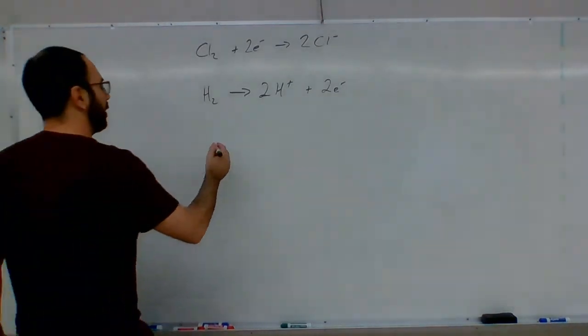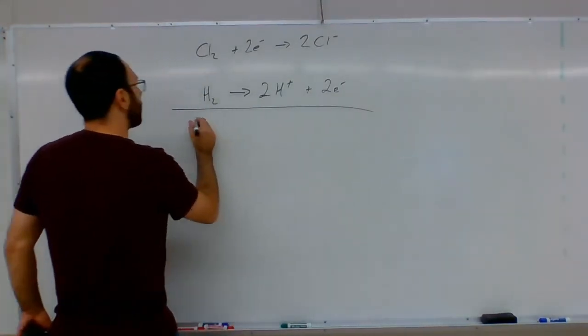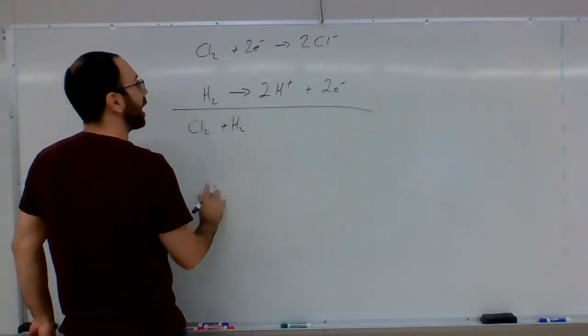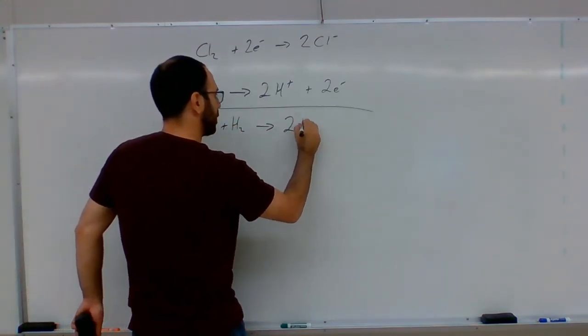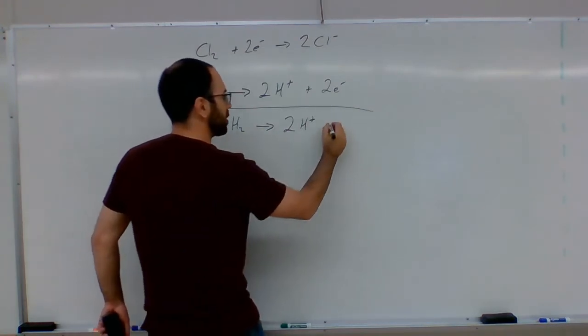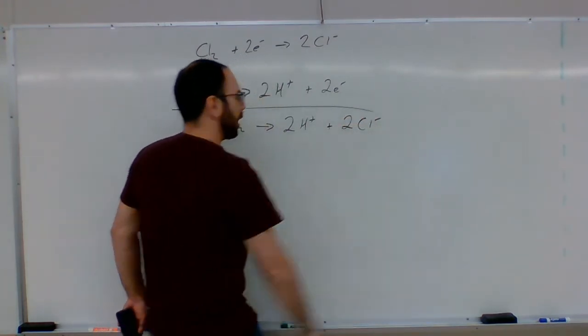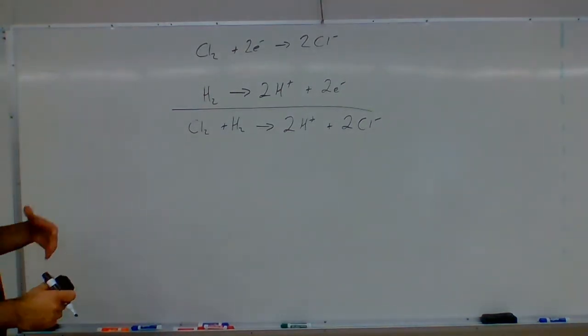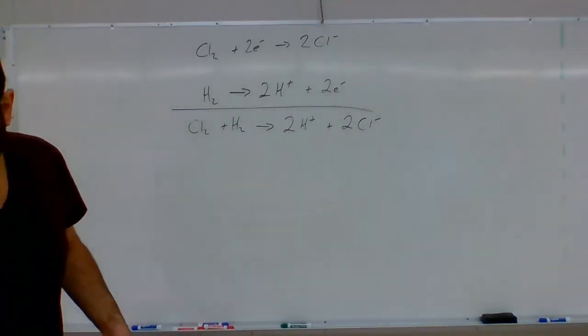And so when we combine these two, we can get chlorine gas plus hydrogen gas going to hydrogen ions and chloride ions. So this is just an example of an electrochemical cell that can be done using non-metals.